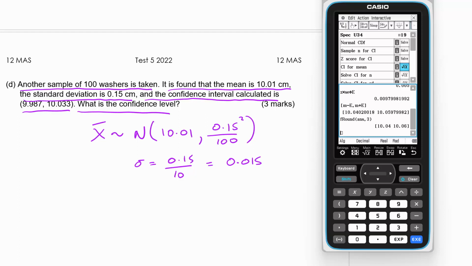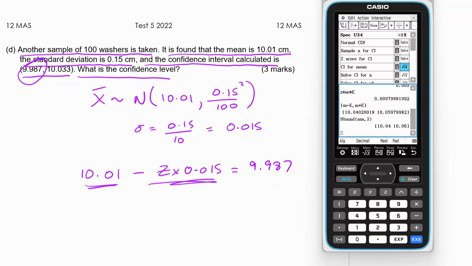So that's the bottom of the interval. If I do 10.01 and I subtract the standard error, which is going to be Z, I'm not sure which Z, so it's going to be Z times the standard deviation of 0.015, that has got to be equal to 9.987. Remember, we're doing the middle, take away the standard error.